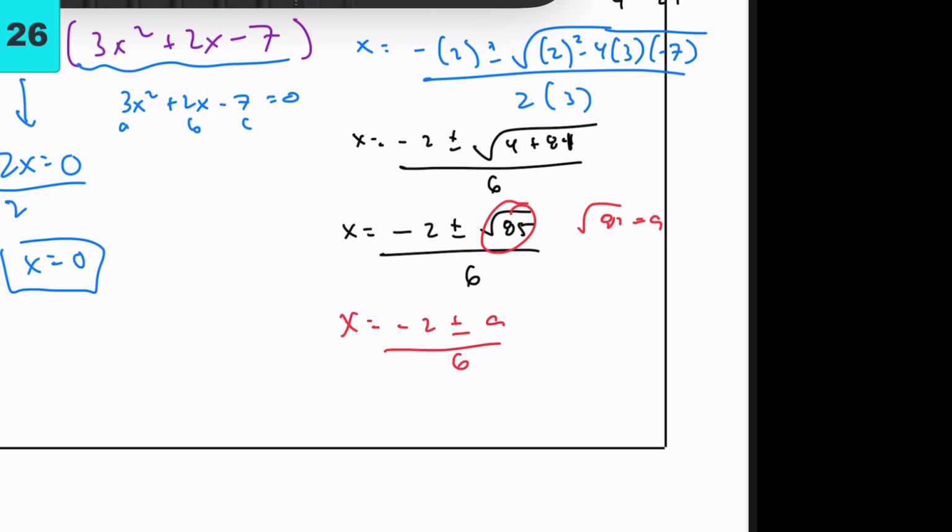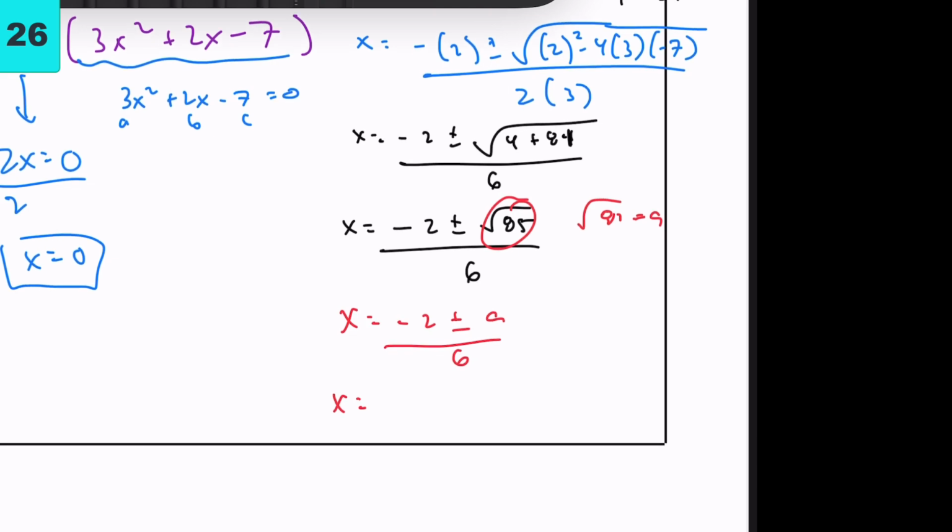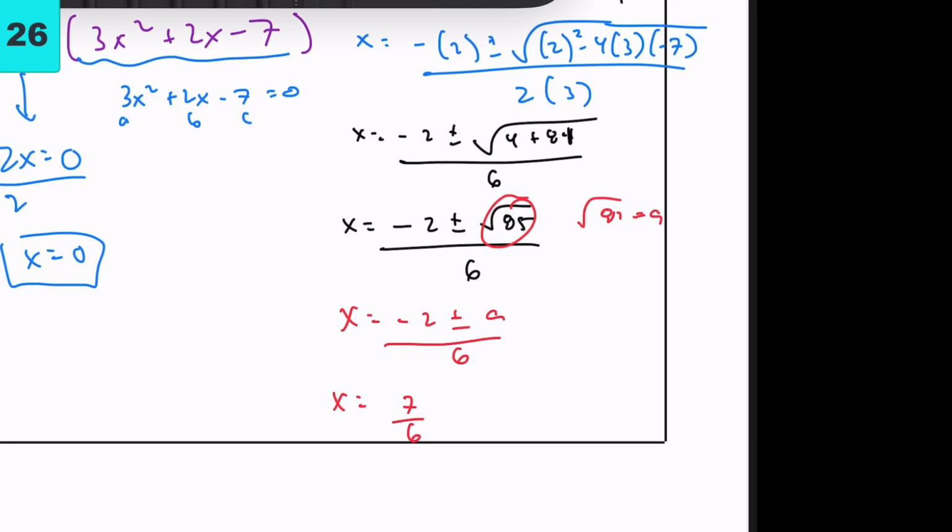Just for all purposes, I'm estimating here. Negative 9 plus 9 is 7 over 6. And then negative 11 over 6.